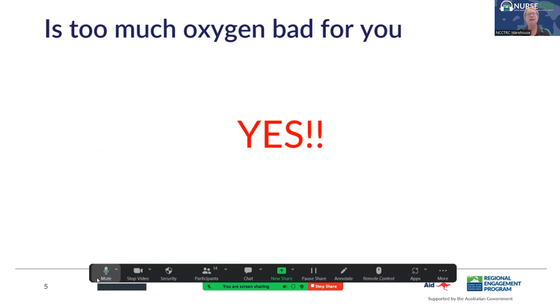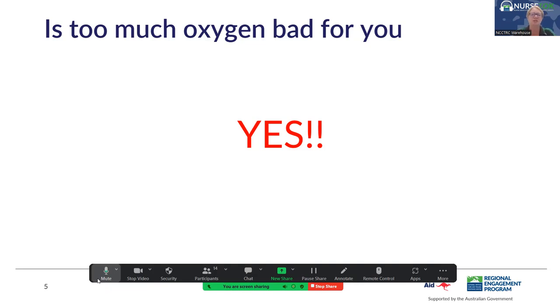And again, this is where the research is happening into how much oxygen is too much. We don't know how much oxygen is bad for you yet, but we know that if we expose our patients to lots of oxygen for a long period of time, it can actually cause more lung damage.